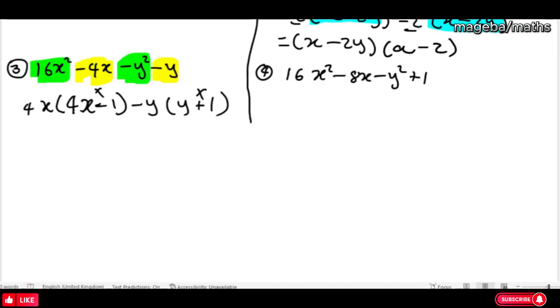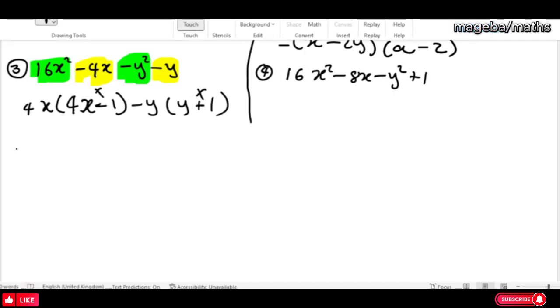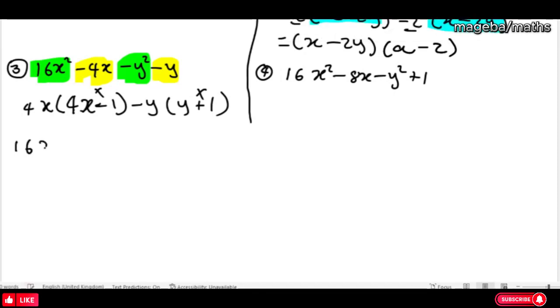I'm grouping those two now. Let me write it well. So I'm grouping 16x squared minus y squared, and then now negative 4x minus y. Now I'm grouping these two and these two.